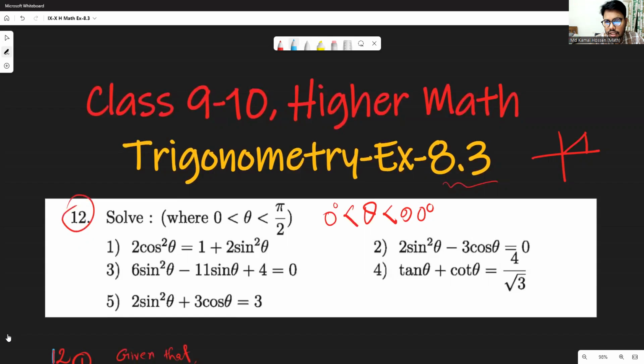Like in the first question, there are cos square and sin square. So you just have to change either cos square or sin square. If you change cos square, then you can write 1 minus sin square theta. Also, you can change sin square. That means each and every term must be the same trigonometric ratio.